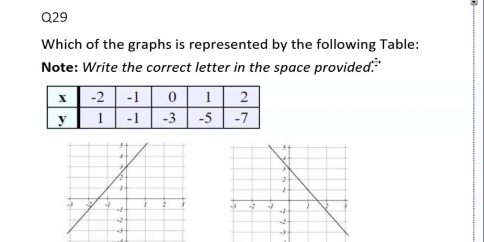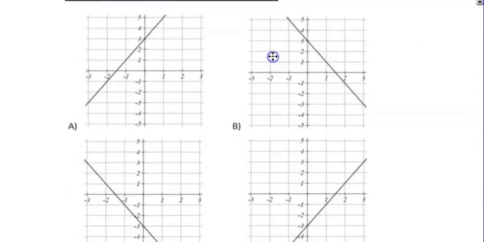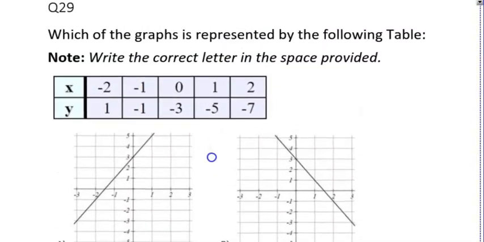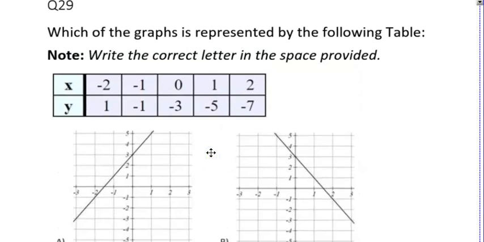Then which line cuts -3? This one does not, but those two do. Now I go back and choose another point. I choose this one because the values are the same, but you could choose anything. Okay? Good? Answer C.